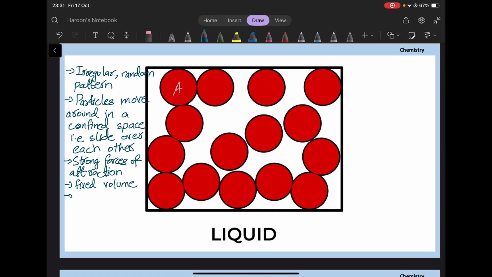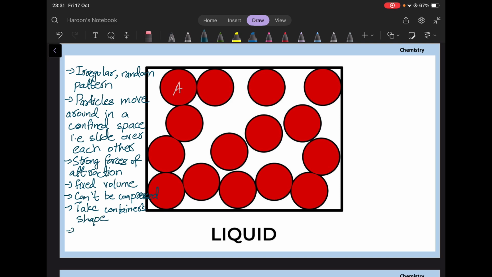Because they have a fixed volume, they can't be compressed, just like a solid. Okay. So as we have discussed the movement of particles, they take the shape of the container. They do not have a fixed shape like a solid. They take the container's shape.